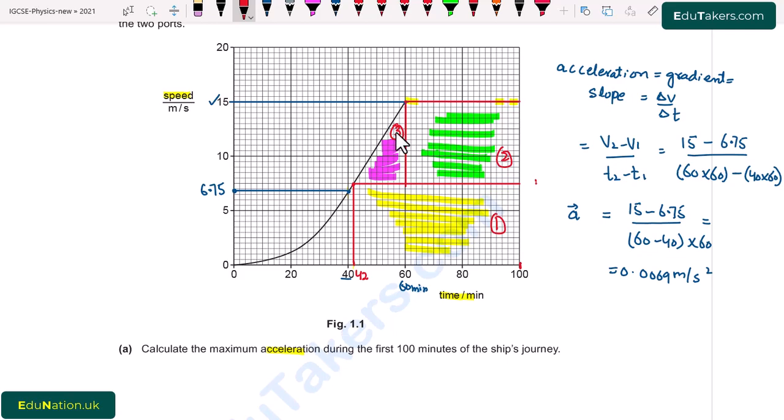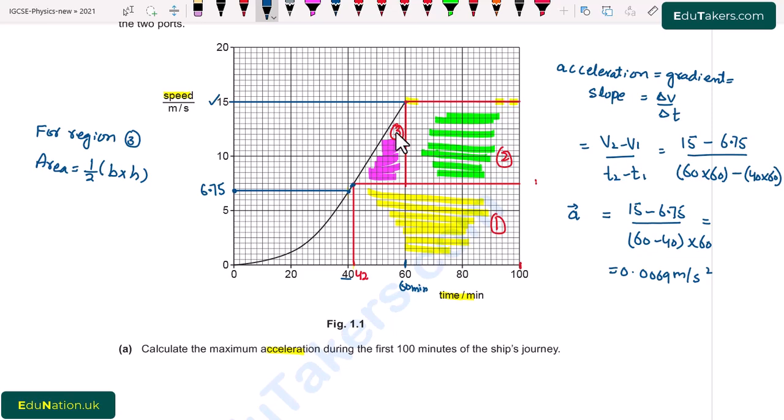For region 3, we can see that it's a triangle, and the area of a triangle will be equal to 1/2 base multiplied by height. So here we can see that at this point time is 60 minutes and at this point time is 42 minutes.